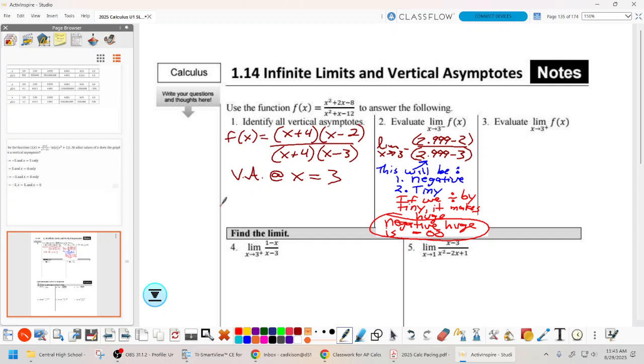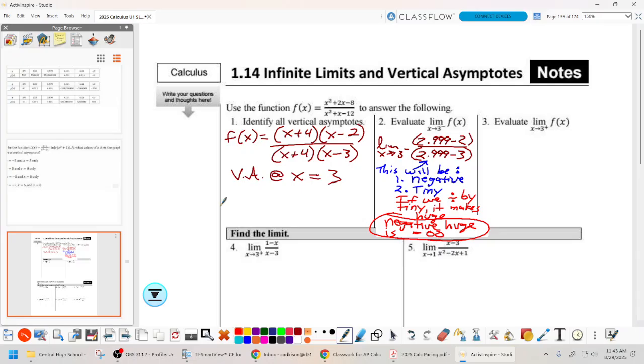Okay, so one thing you're going to need to think about as we get into infinity: how do we make things huge, either really big positive or really big negative? Or what happens if we divide by really big positive or negative? In this case, how do we make it that way? Okay, so if we're dividing by a really big negative, that makes it 0. If we're dividing by a really tiny negative, that makes it negative infinity, and vice versa.